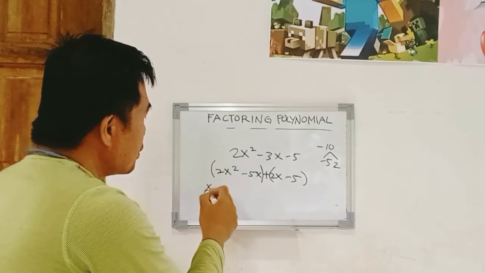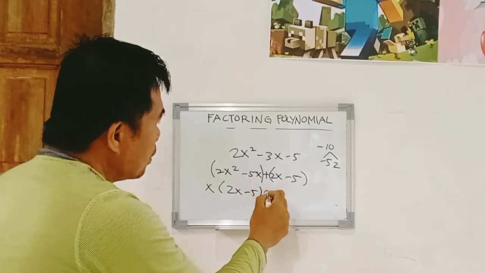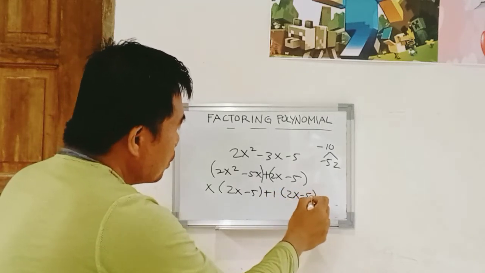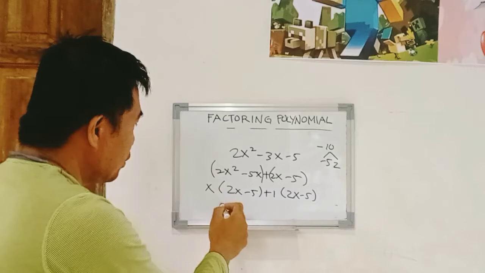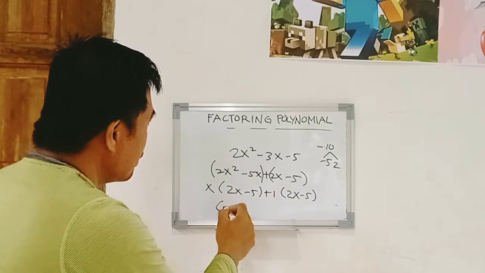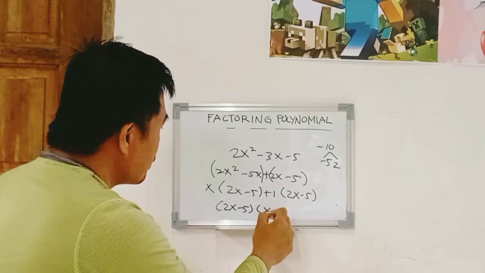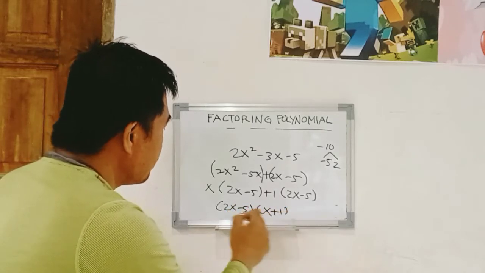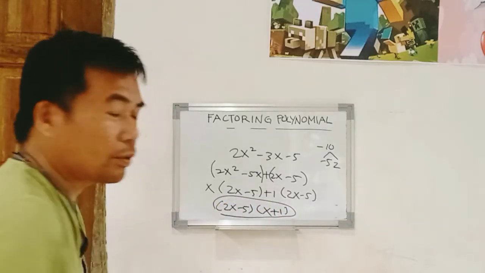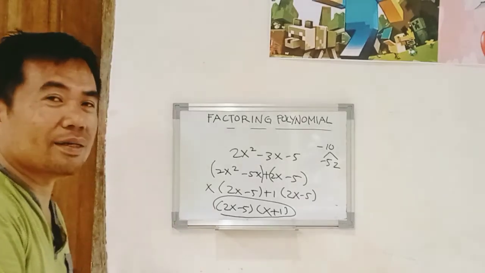So the factored form for this expression is 2x minus 5 and x plus 1. So this is our factored form. So how to know if our answer is correct or not?